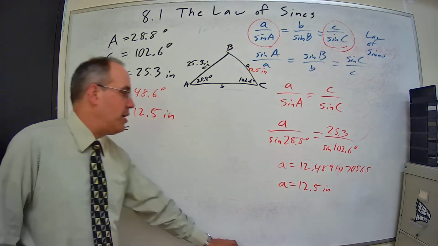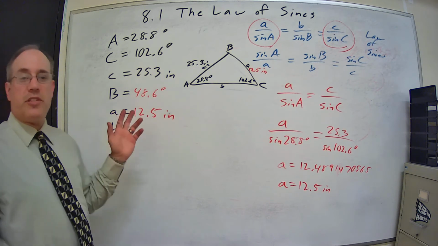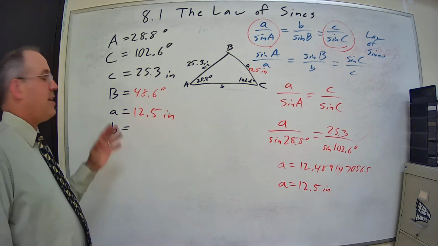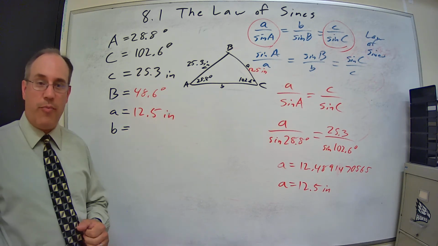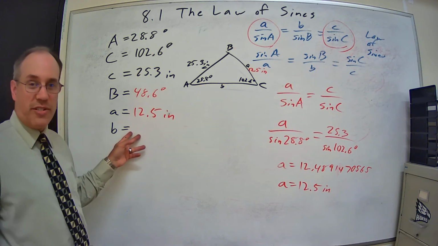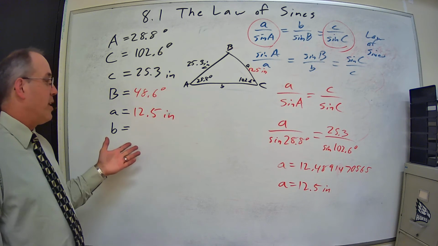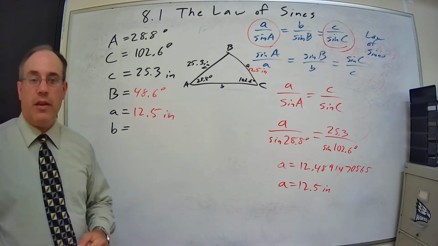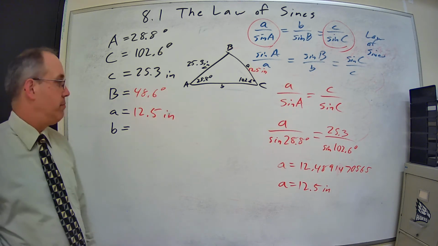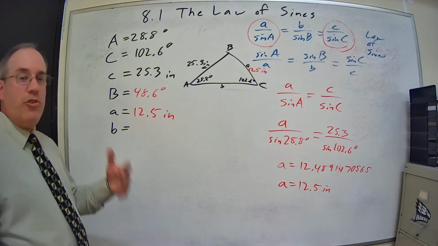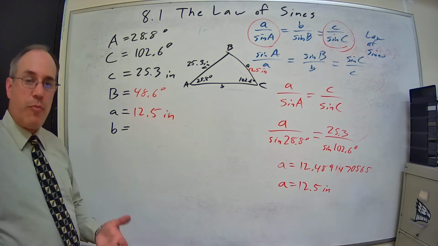Now side B. Remember, this is not a right triangle, so you cannot use the Pythagorean theorem to solve for the third side. So what are we going to need to do? We're going to do law of sines again, and again, use as much of the given information as you can.